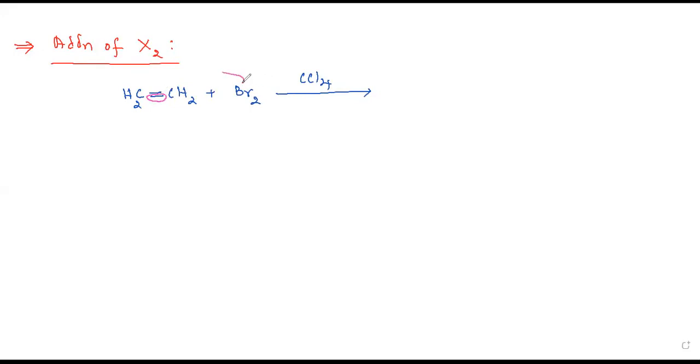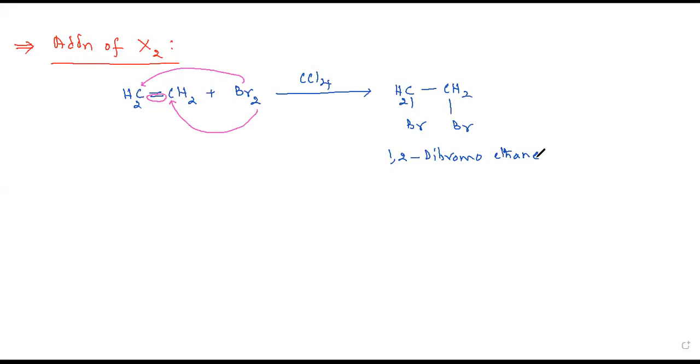Remove a bond, add a bromine to this, another bromine to this. That's it. It's not the authentic mechanism, but just to write the product, we can go with this. Now we get CH2Br-CH2Br. We get 1,2-dibromoethane.